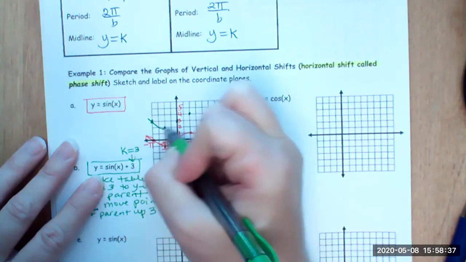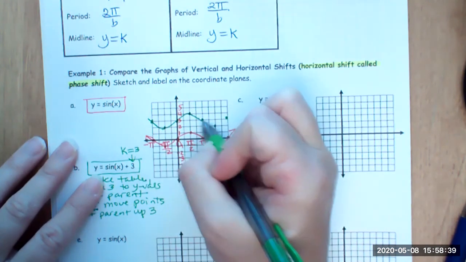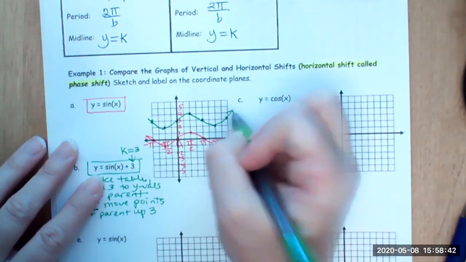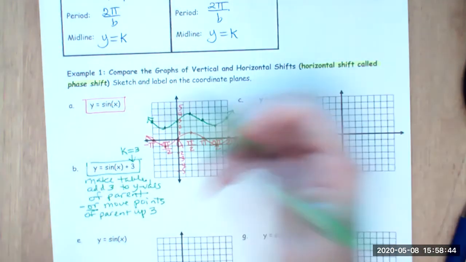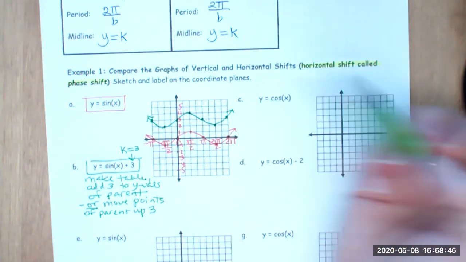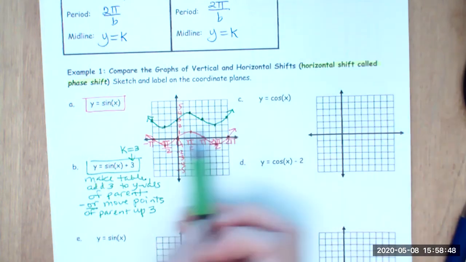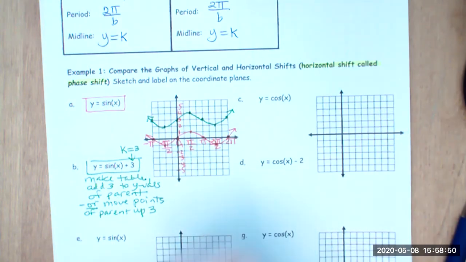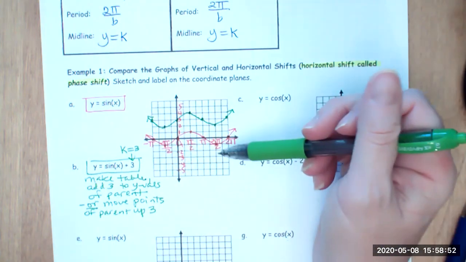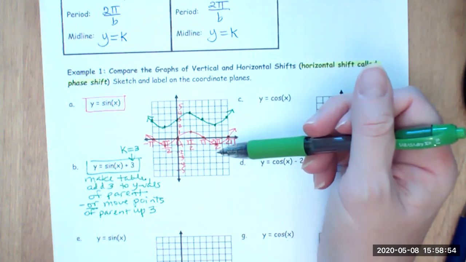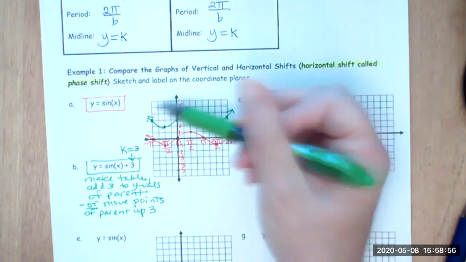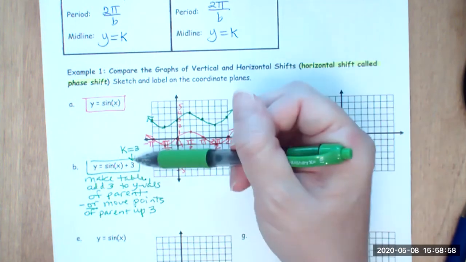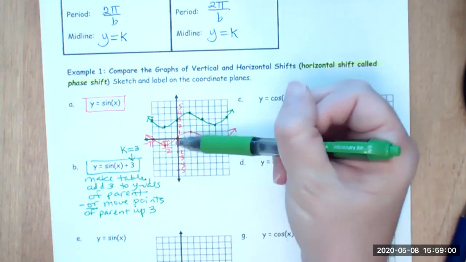Now for this graph that's been transformed by moving up 3, I can see the amplitude is still 1. The amplitude stayed the same. We didn't shift left or right. We didn't reflect. So it's not vertically stretched or shrunk or reflected. The period hasn't changed. Everything stayed the same except the midline has changed.